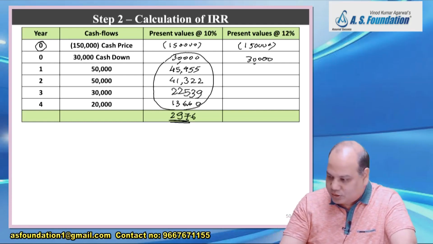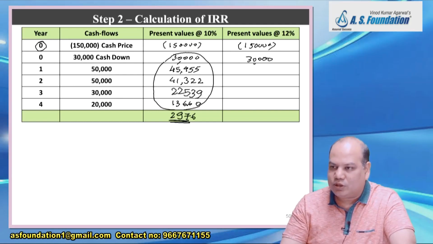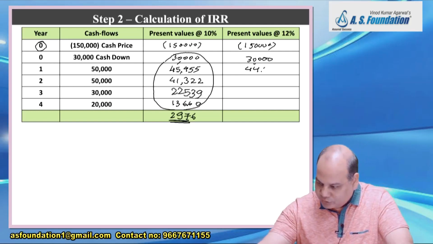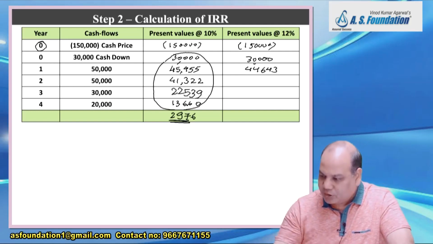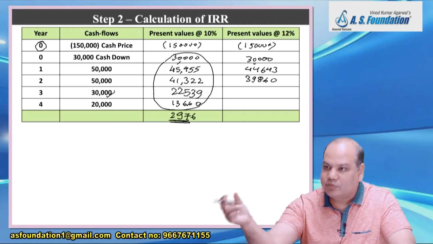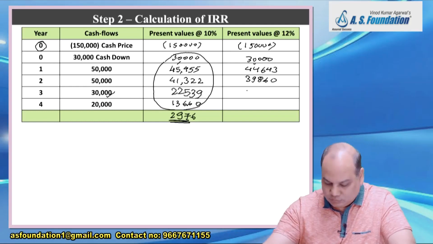Okay, now dear student, take 50,000 divided by 1.12 equals 44,643. Again press equal to: 39,860. Now type 30,000 divided by 1.12, 3 times equal to: 21,353. Very good.